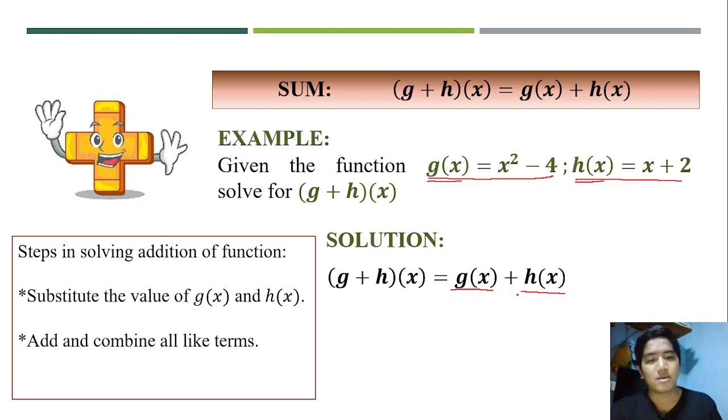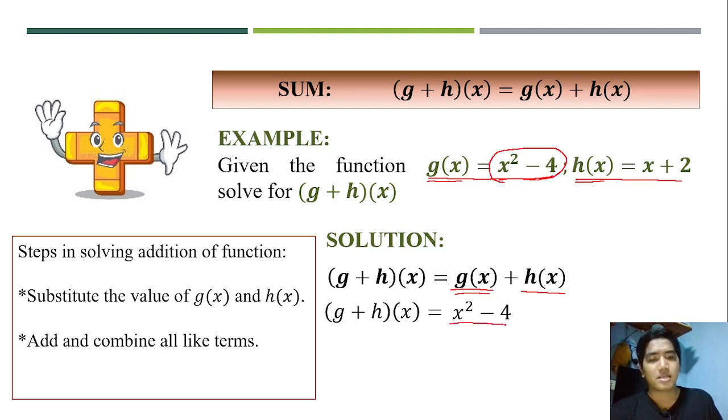First, we substitute their values. We have g plus h of x. The first function is g of x. What is the value of g of x? From the given, the value of g of x is x squared minus 4.